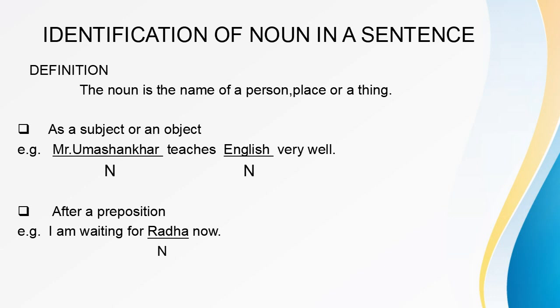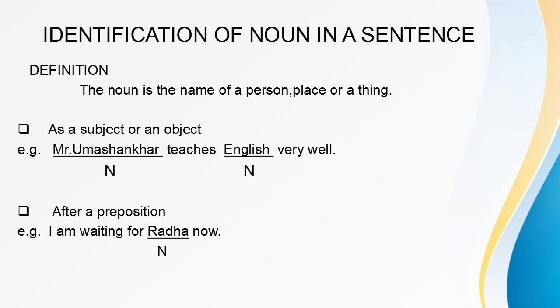My dear students, I am from Vishakhapatnam. From is the preposition, and Vishakhapatnam is a noun, and it is the name of a place. So the noun is the name of a person, place, or a thing.